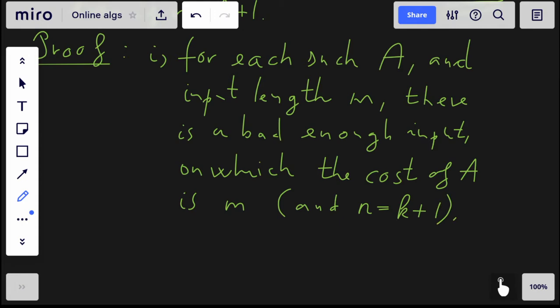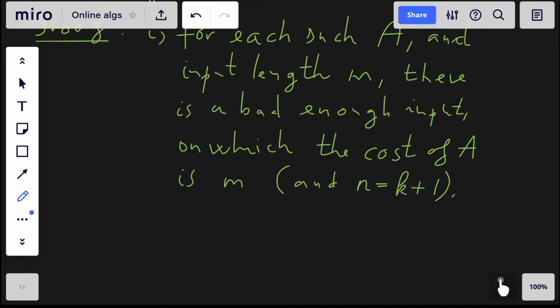Of course, if n is larger than K plus 1, then you simply don't have to use all the pages and you just use the first K plus 1 pages and that's all.